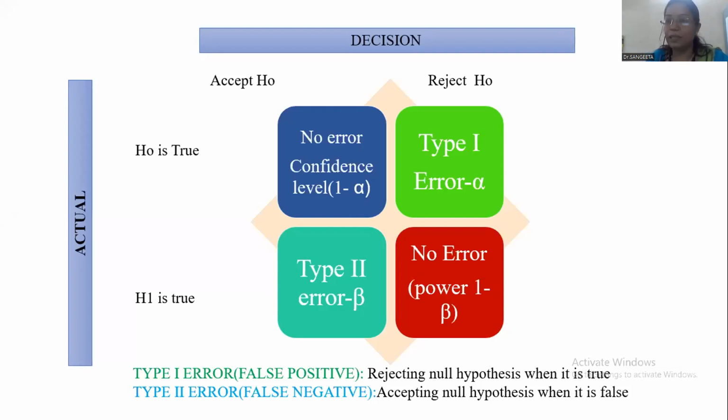That means if A and B don't have any difference, my research is also going to identify the same 95% of the time.